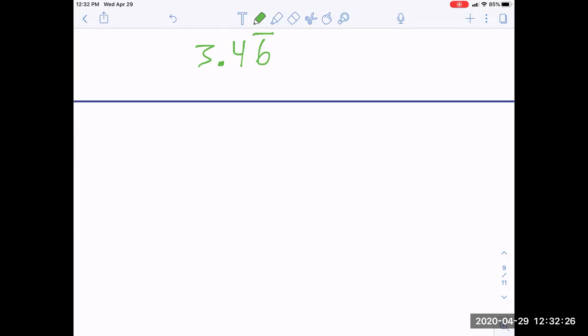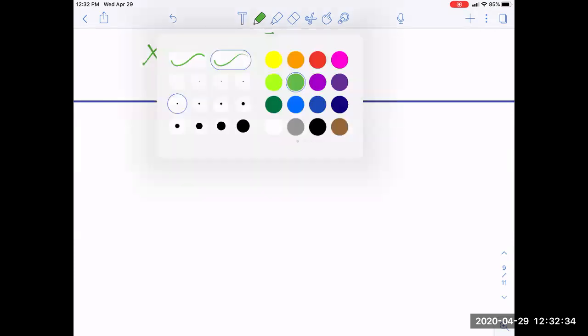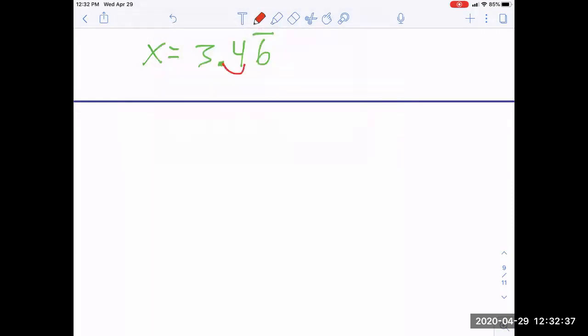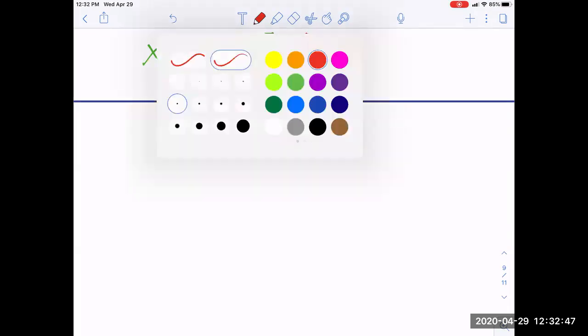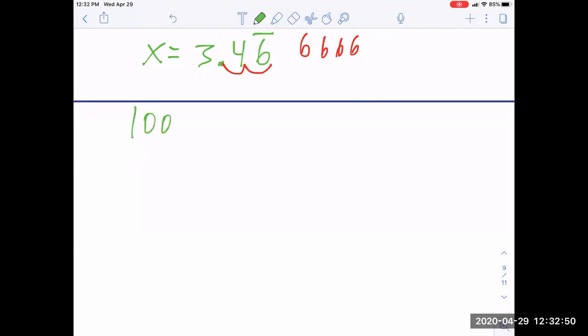Well, I'm going to start here where x is this. Now what I want to do is get the repetend right after the decimal point, because that's still going to be a string of 6s over here. So I'm going to multiply by 100, because I move the decimal 2 places. So I get 346, and then after that is a string of the 6s.